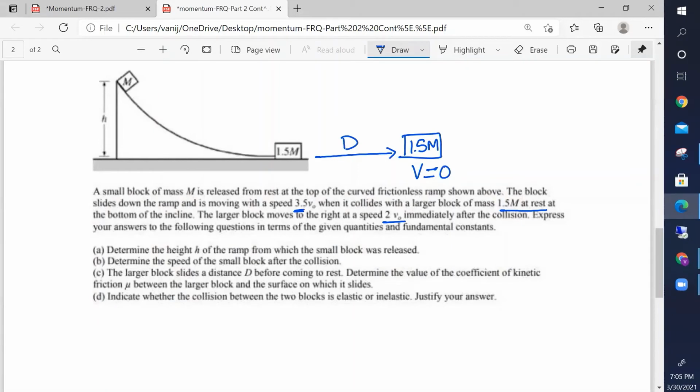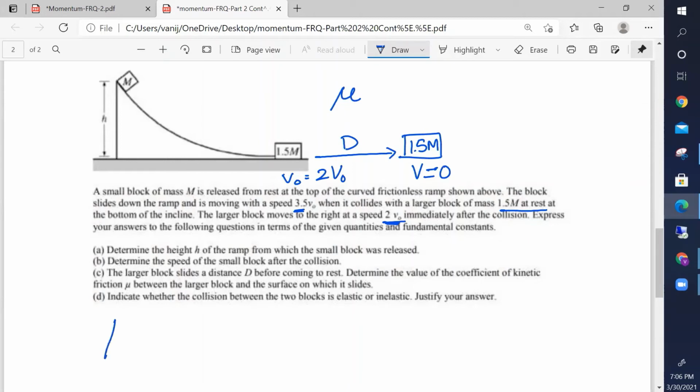Now, the problem says that when the block M strikes the 1.5 m block, the 1.5 m block moved with a velocity of 2 v0. So the initial velocity of this block is 2 v0 when it starts sliding, and then it came to a stop after traveling a distance d. Now they're asking us to find mu, the coefficient of kinetic friction.